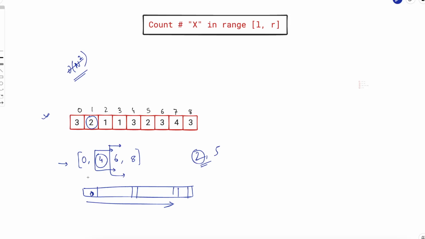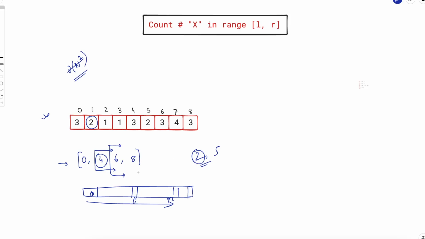Because you just have the indexes, you can't simply go to L and R, that part you can't do, but you still can do binary search to figure out those values. And once you have those values, you can simply subtract them and you will get the answer, right? So we are doing the exact same thing, but instead of maintaining this entire array, we are simply figuring out the values with this array itself.